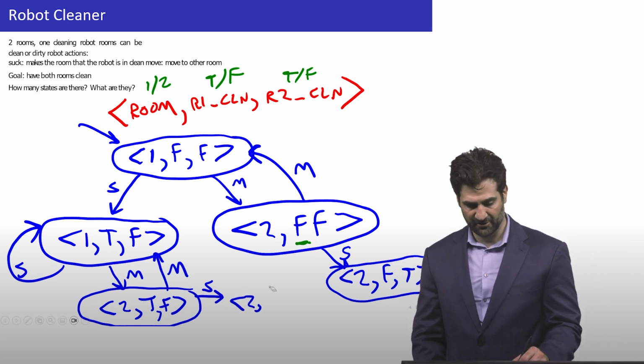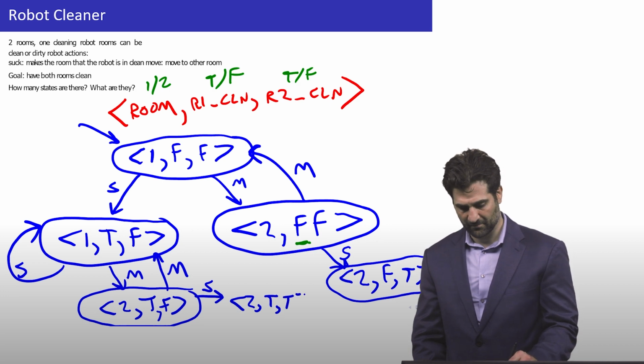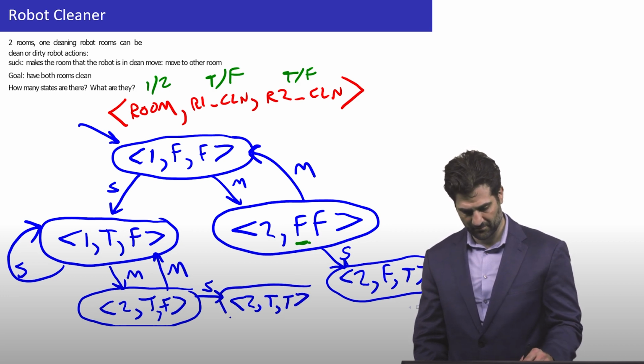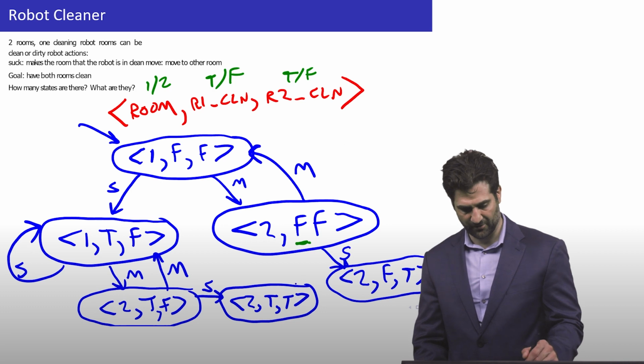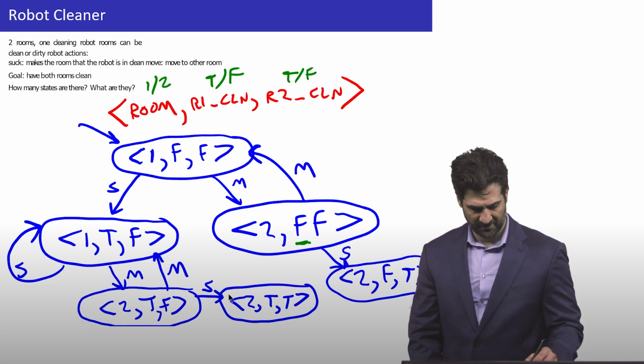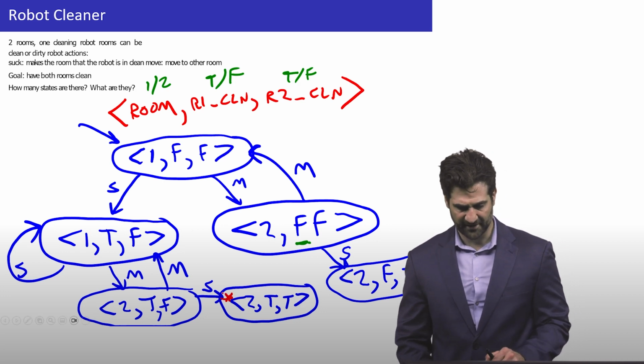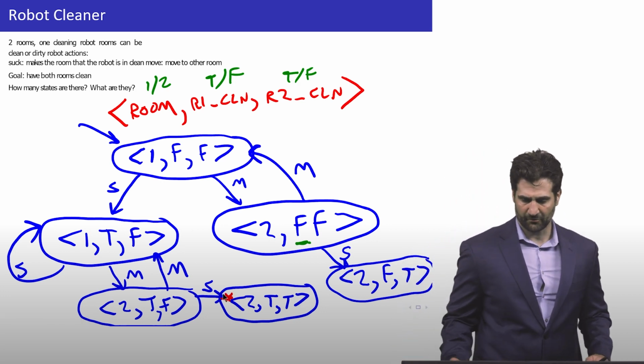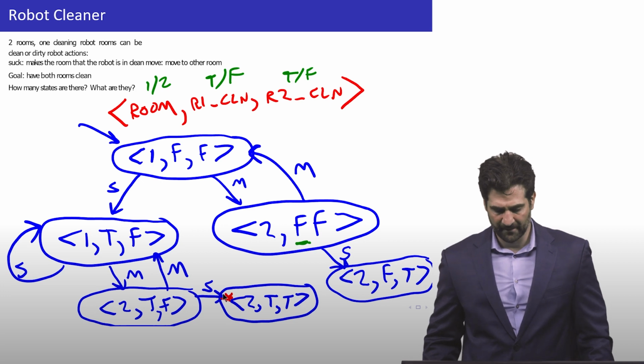Both of the rooms are clean. Okay, and that is the goal state. So sometimes we'll put something like a little star by it. All right, one last one to figure out.